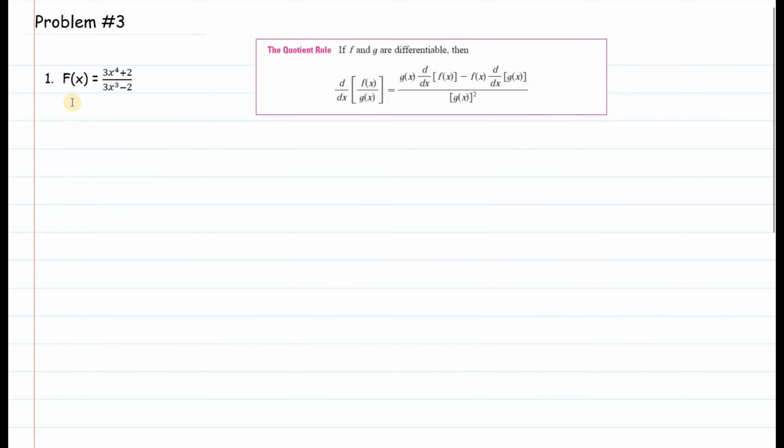So for problem 3, we have f of x is equal to 3x to the 4 plus 2 over 3x to the third minus 2.